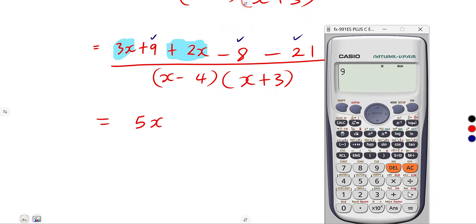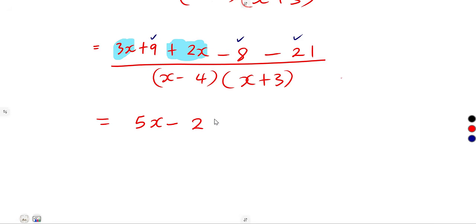That's 9 minus 8 minus 21, which is negative 20. So we're going to have minus 20 over the brackets as they are, the LCD or the LCM as it is. All right, so if we are to consider, we are going to see that in the numerator there is something common there.